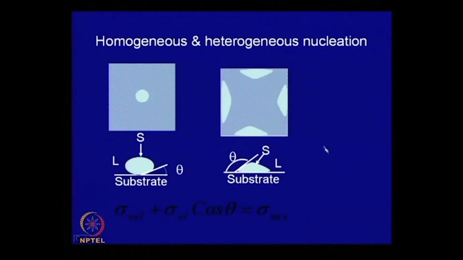That means heterogeneous nucleation needs less chemical potential; the driving force for heterogeneous nucleation will be low, but it will depend on whether you have a favorable substrate or not.